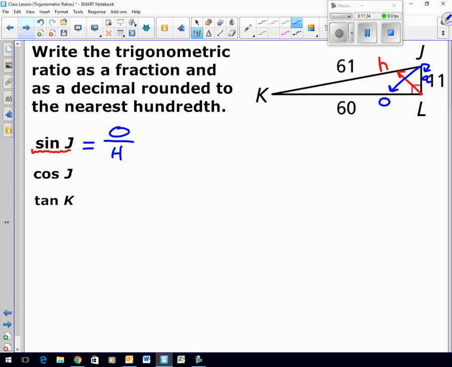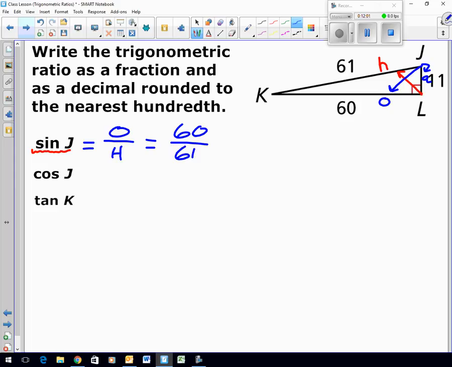Again, if you're not paying attention, you're not going to get it, and you're going to really hate your life over the weekend and all next week. What number is associated with the opposite side? What number is associated with the hypotenuse?